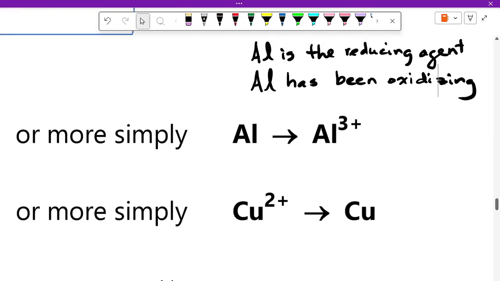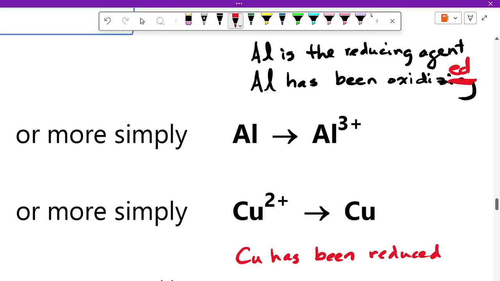So copper has been reduced. Oh, I should say oxidized. That's terrible grammar. Aluminum has been oxidized. Copper has been reduced. Cu is the oxidizing agent.